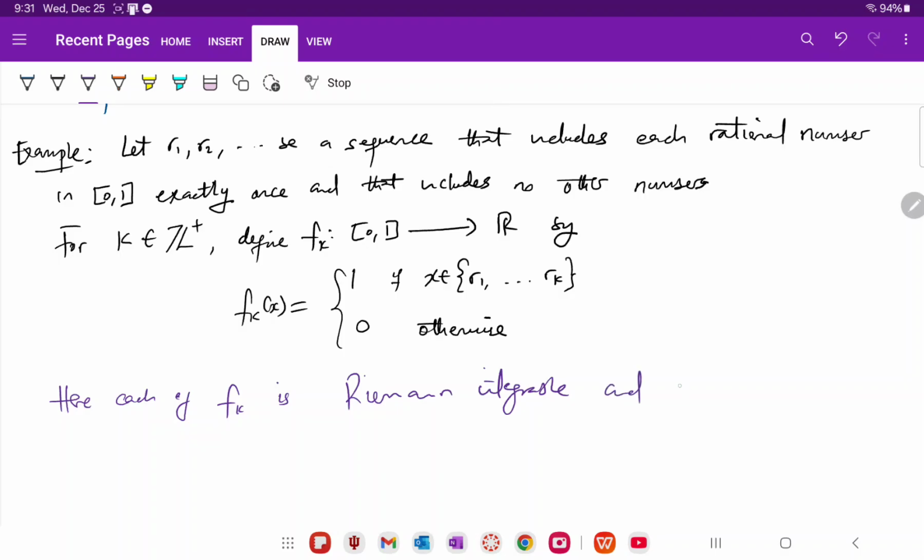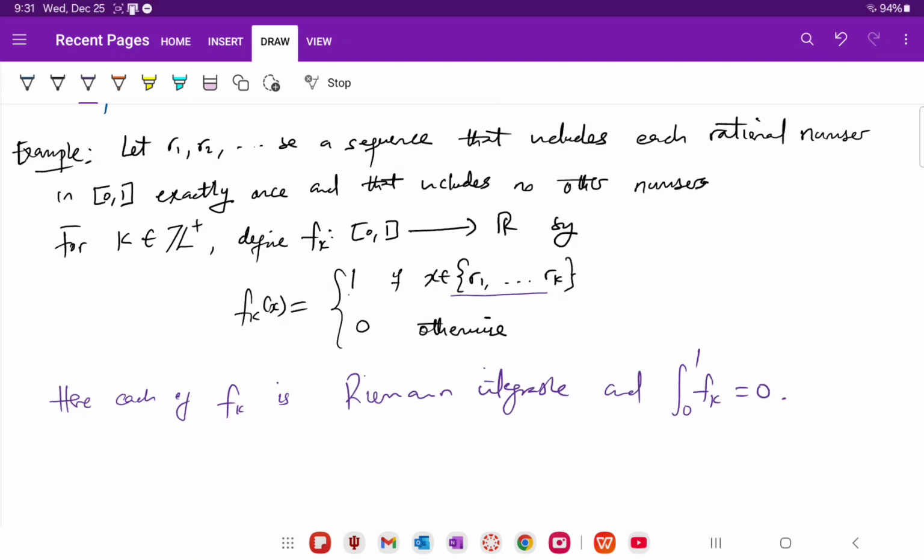And the integral from 0 to 1 of f_k will be equal to 0. The reason is that if we define a partition, and a subinterval contains one of these r_k, the supremum will be 1. But it contains just a single point, and the length of a single point is 0, so it has no contribution.